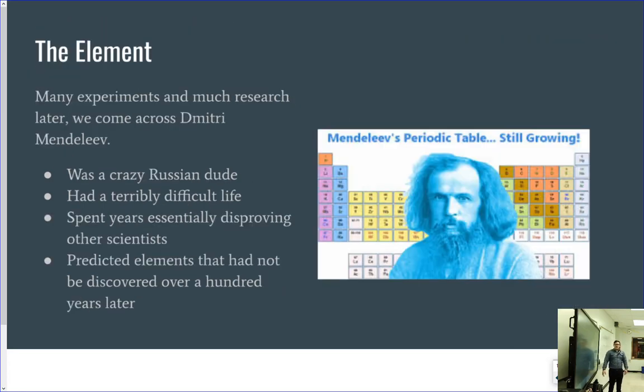All right. Fast forward a couple of scientists, and you're going to do those more in depth on Thursday. We got Dmitri Mendeleev. Crazy Russian dude, had a terribly difficult life. His whole life was terrible. He just had one bad thing after another. I think he had this vengeful idea of, I'm just going to disprove every scientist I ever find.